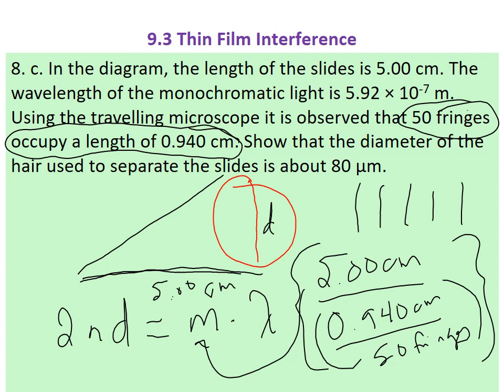That's why the 2 is there. So dividing this eventually by 2, because we're looking for d, will tell me just how far from the central maxima, which would be a bright spot, the diameter of the hair is.